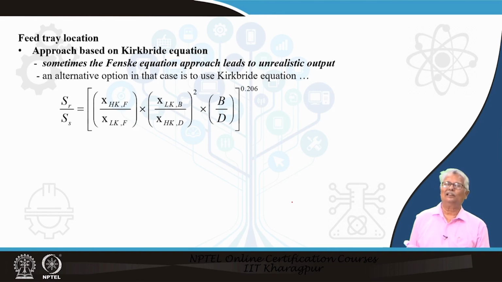In such case, an alternative equation proposed by Cartwright is used, which is again defined the same way. It involves the composition of the bottoms, the composition of the top, the feed composition in terms of the light and the heavy key, and also the yield of the bottom and the distillate streams.